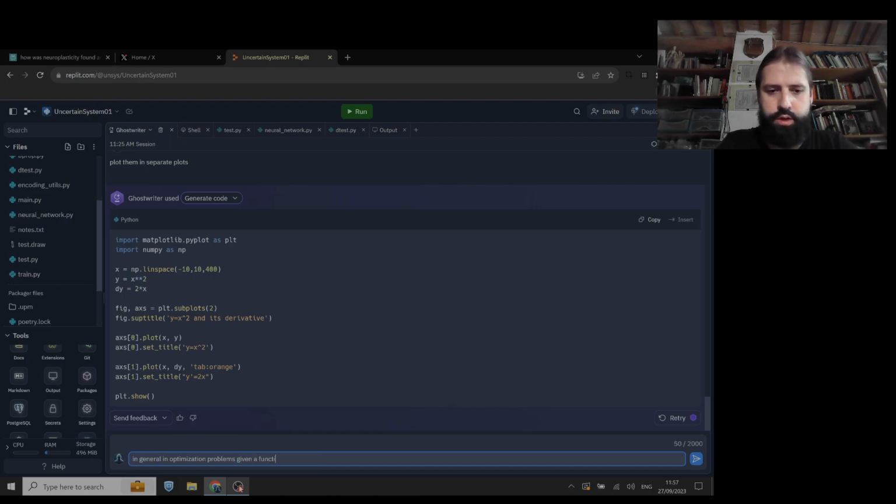Given a function and an input, and I have to modify the input in order to minimize the output.